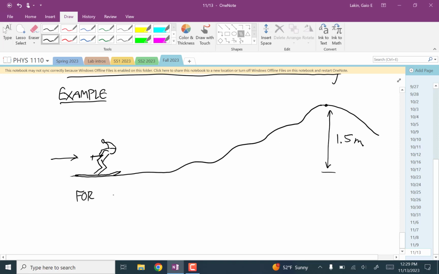For the skier to be moving 5 meters per second at the top of that hill, how fast would the skier have to be moving along the flat?